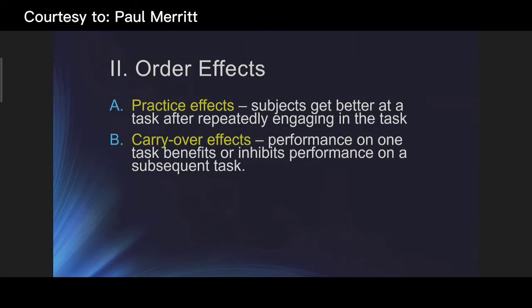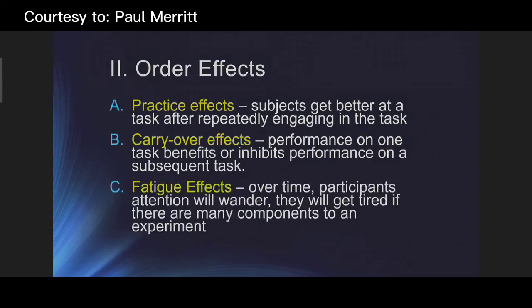And so our participants came in twice and received an injection either of midazolam or of saline placebo. Those participants that received midazolam in that first session, that is, that drug-induced amnesia, in the second session, they were much more likely to rate their memory as being worse than participants who had saline in the very first session. So that kind of carryover effect is an important thing to think about, and again, that's why we counterbalance.